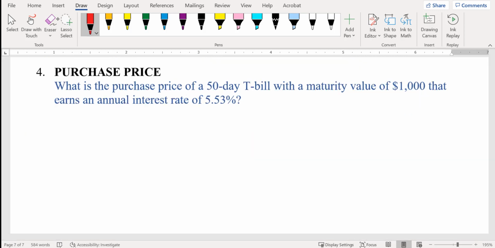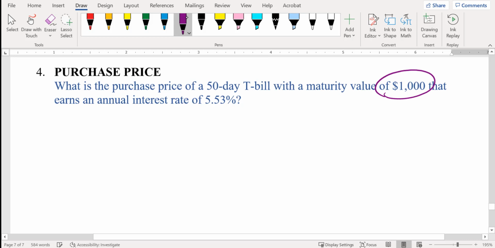Number 4, what is the purchase price of a 50-day T-bill with a maturity value of $1,000 that earns an annual interest rate of 5.53%? Okay, here we go.